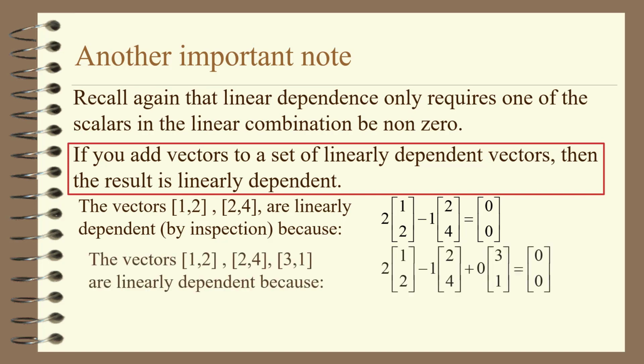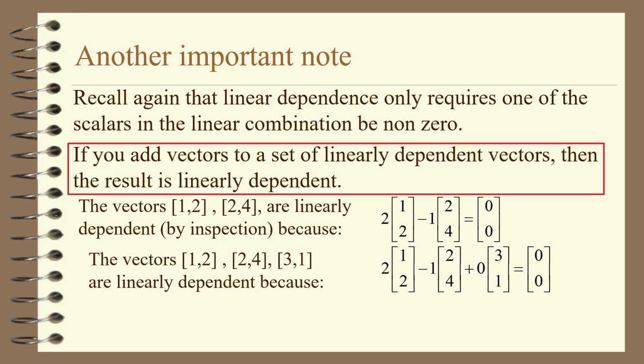If you then throw another vector in, notice you can use pretty much the exact same linear combination, same scalars, but for the scalar for the new vector, just put 0. The result is still 0, and that is a non-trivial linear combination of those vectors that adds up to the 0 vector, because at least one of the scalars is non-zero. Some of them can be 0.